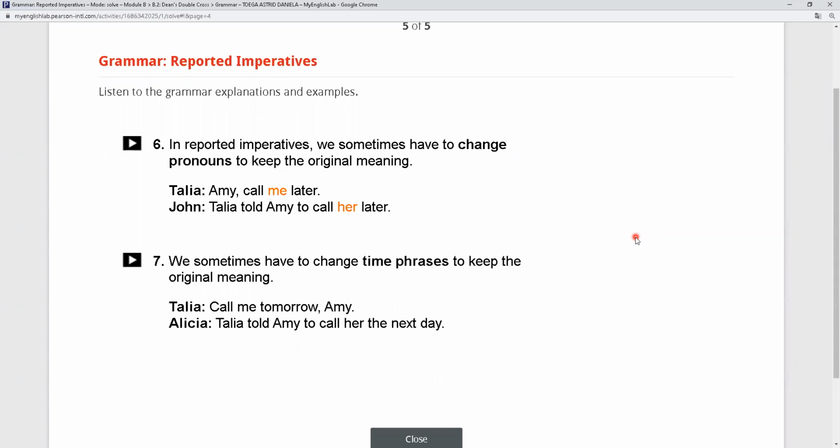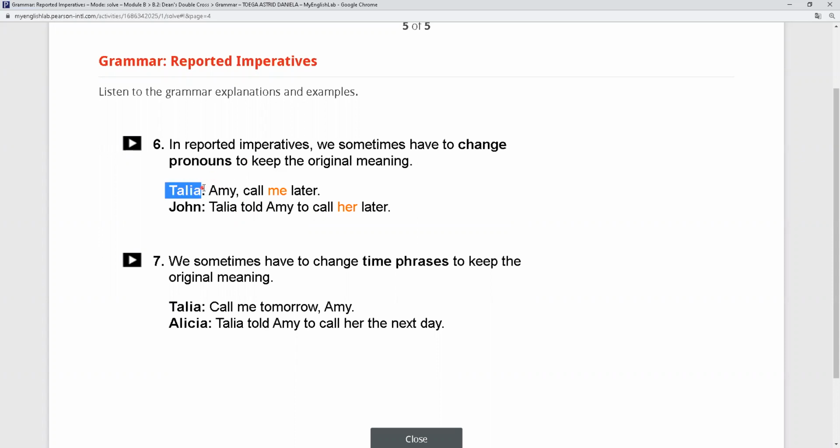To keep the original meaning, sometimes we have to change the pronoun, right? Amy, in this case, Amy, call me later. So, John, in this case let's suppose that John heard it, then he would say, Talia told Amy to call her later. Johnny can't say, Talia told Amy to call me, because Johnny is apart from it, he has nothing to do with it. So don't forget to change the pronoun, and it's extremely noticeable when we have to change the pronouns.